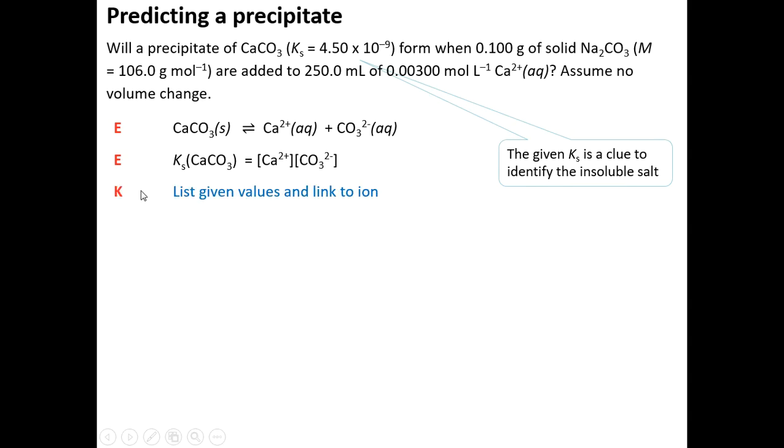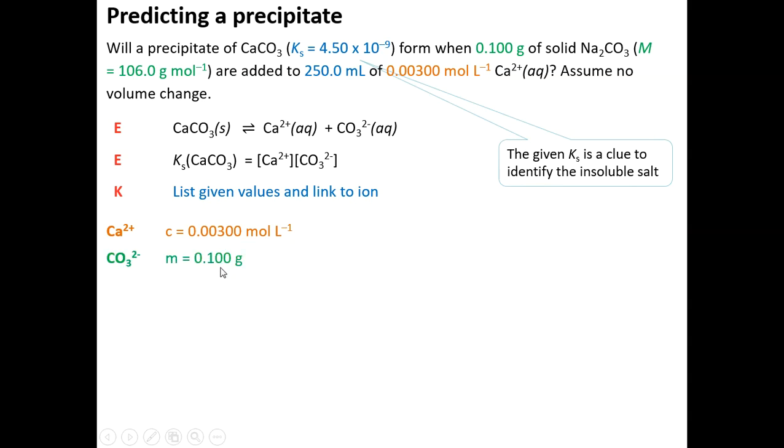The next step is to work out what of the given information belongs to which ion, because they are from two separate sources. So I've highlighted now the ones that apply to both in blue, the ones that apply to calcium in orange, and the ones that apply to carbonate in green. So if I list this, calcium ions are already given as a concentration, so that is great.